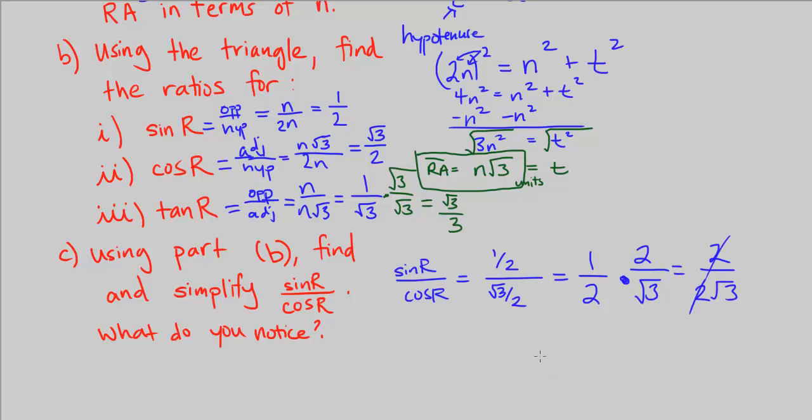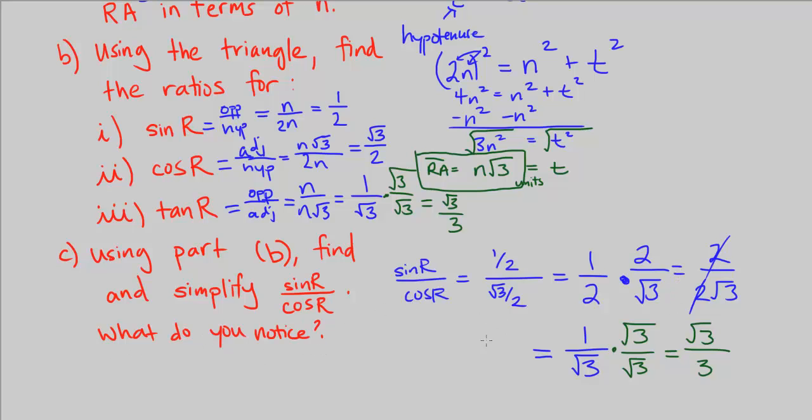The 2's cancel out, and we're left with 1 over square root of 3. But again, it looks just like tan of R. We want to rationalize that denominator, so we multiply square root of 3 over square root of 3. That's equal to square root of 3 over 3, because square root of 3 times square root of 3, you get rid of the root.